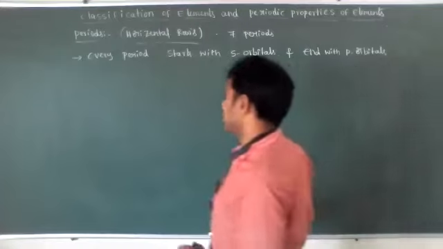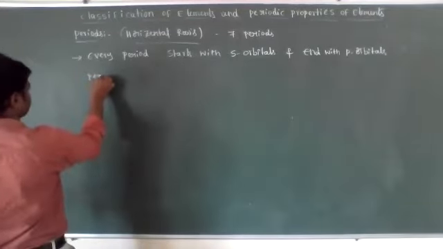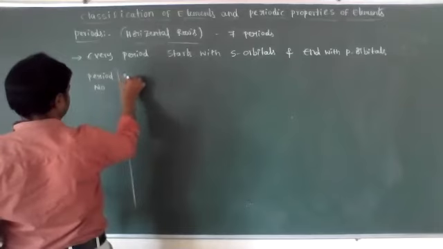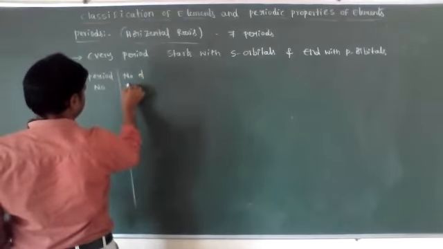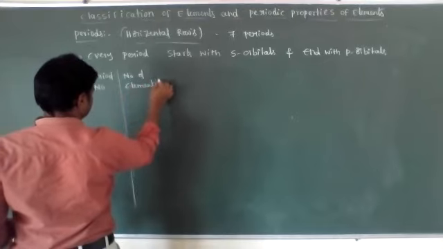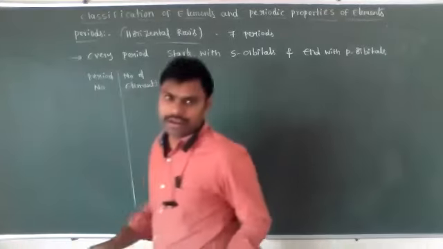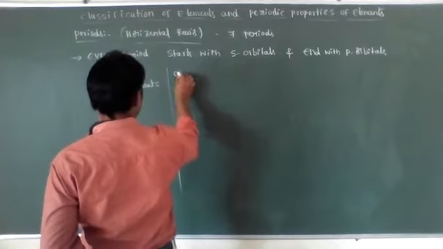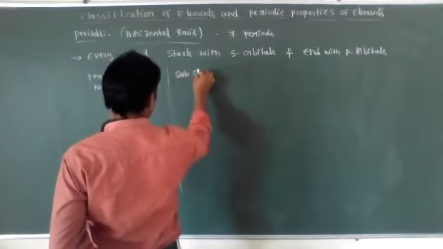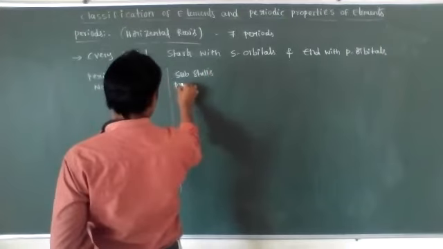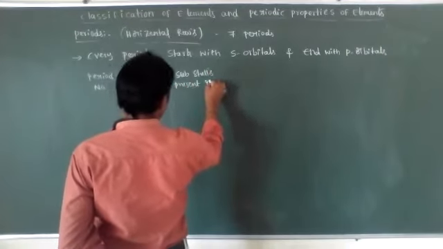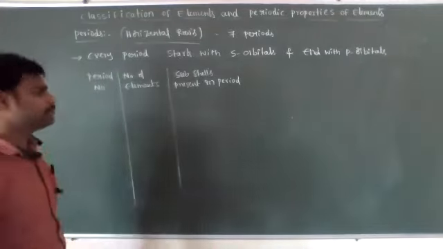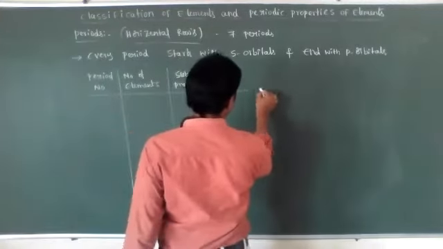See here: the period, the number of elements, the orbitals or subshells present in the period, and the name of the period.